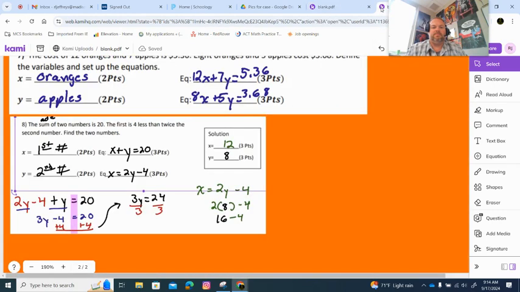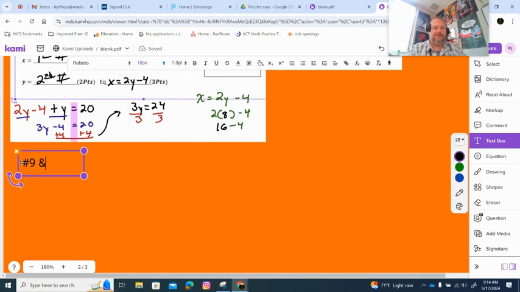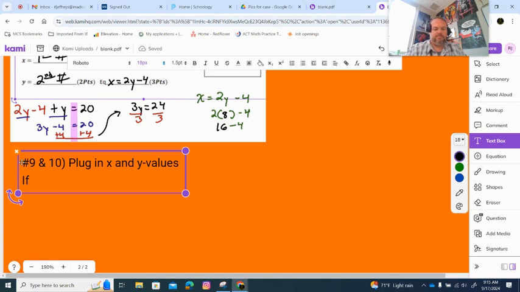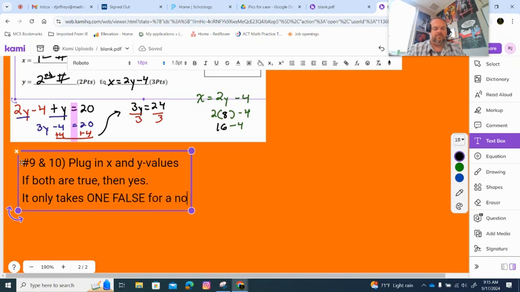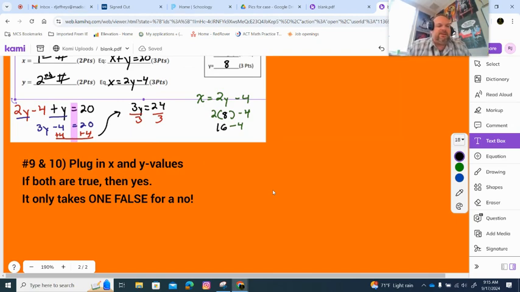All right, so for number 9 and 10, that would be my little note I would write myself on the orange sheet for number 10.